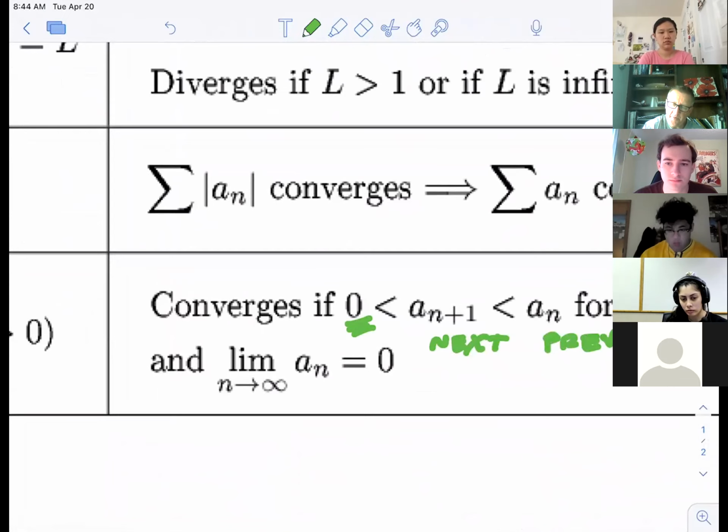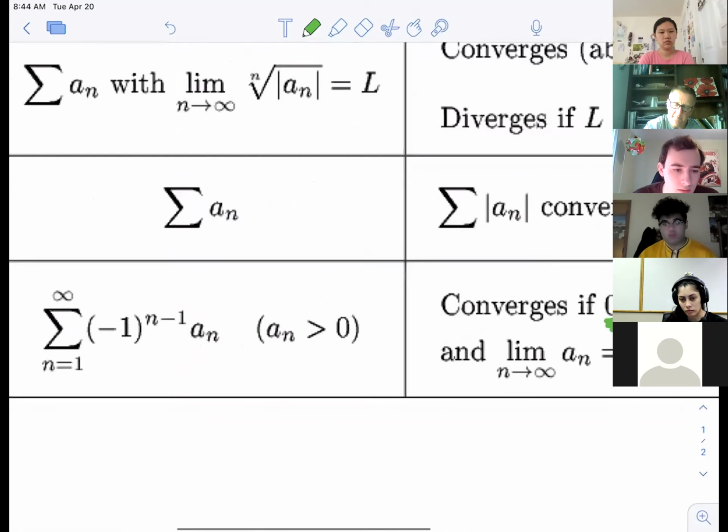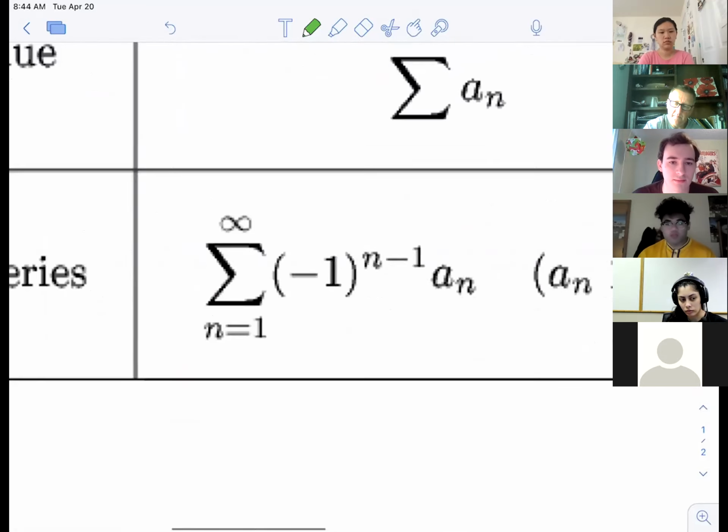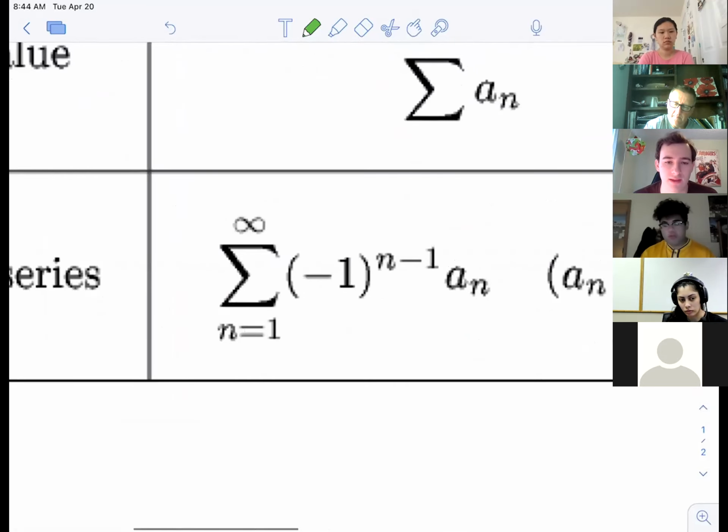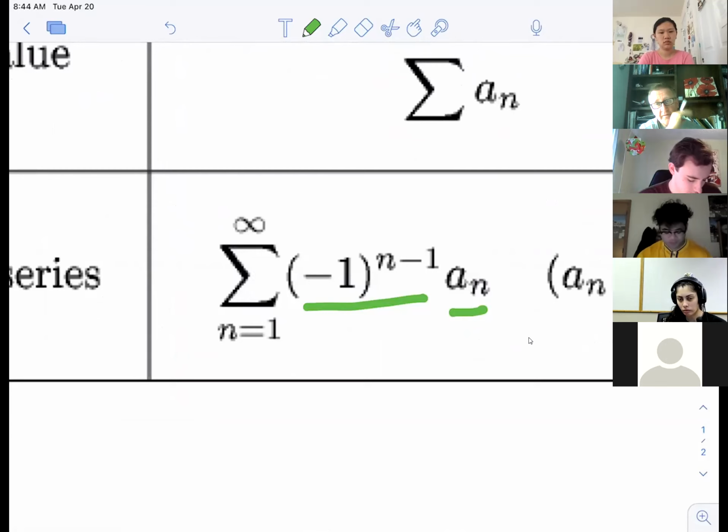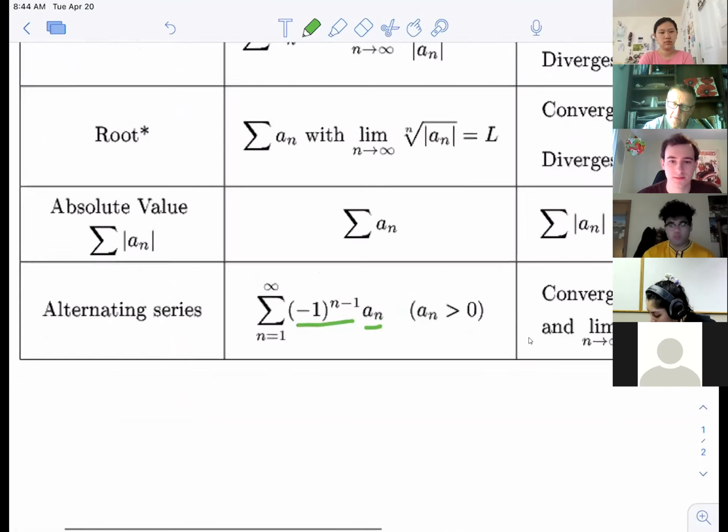So what did you mean by separation, Ben? Because I think you're on it. Oh, when they show it right there, they have the a sub n separate from the -1 alternating. Exactly right. So that's true if you separate out. In other words, the a sub n is the part that doesn't have the alternation. Does that make sense? So that's a good caveat.